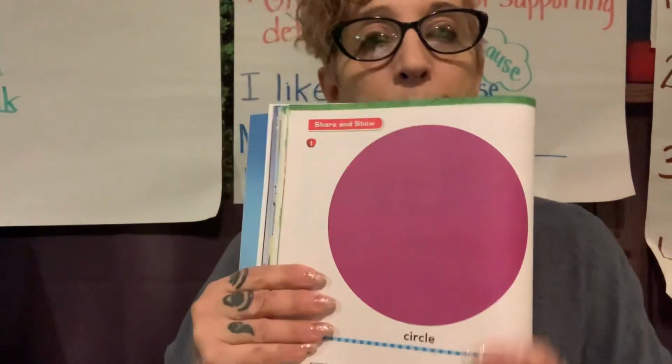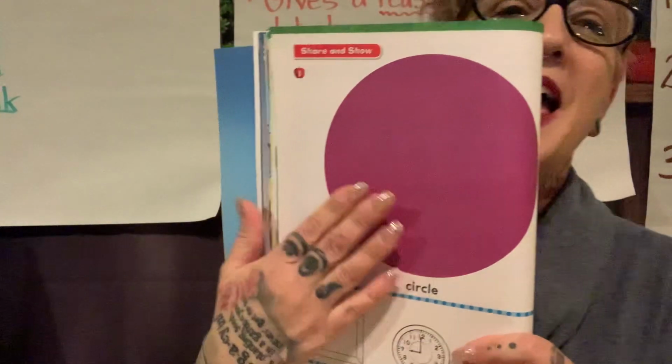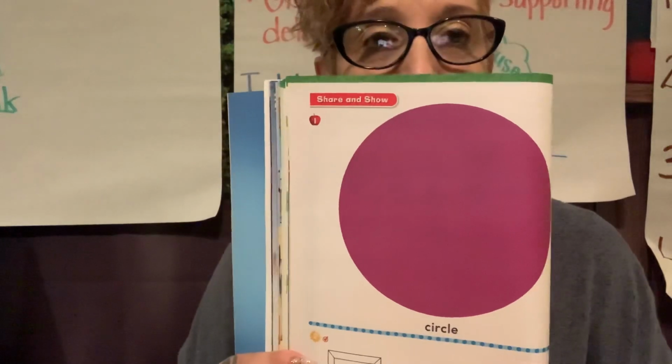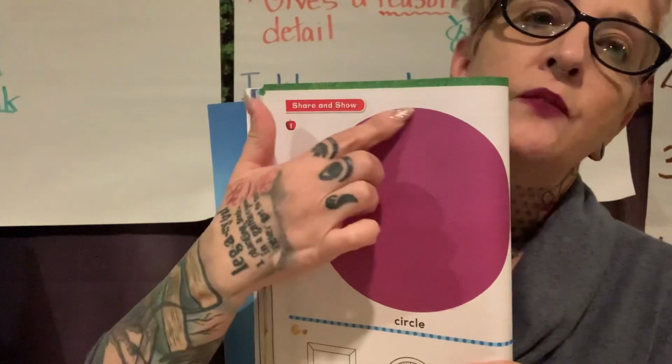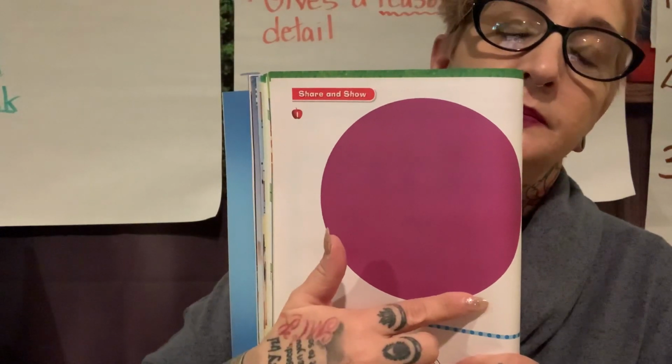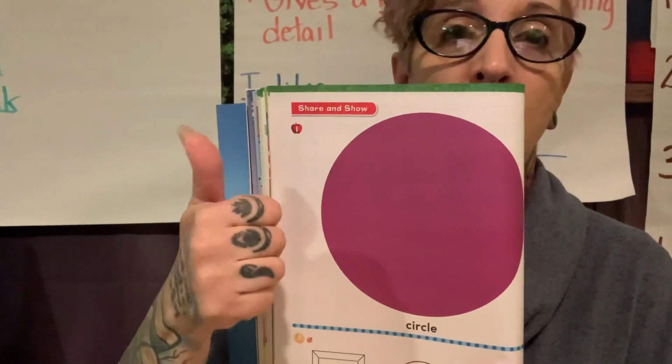Okay, very good. Okay, now we're going to turn to the next page. Next page has a purple circle. All right, and what can you tell me again about a circle? Circles have what? What was that word? If you said a curve, you are correct.